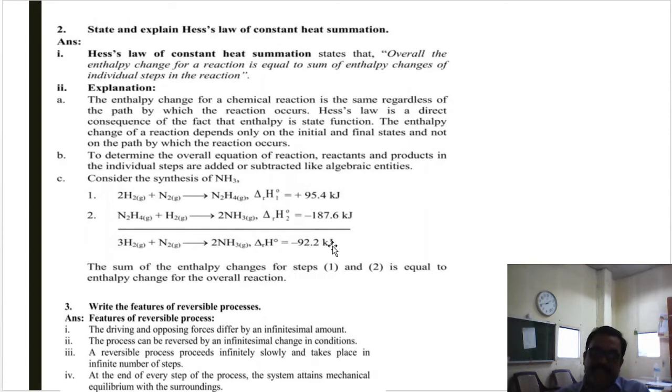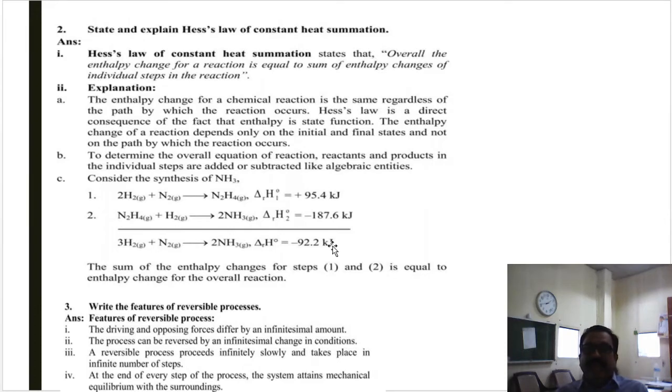Once again, Hess's law can be stated as: the overall enthalpy change for a reaction is always equal to the sum of enthalpy changes of the individual steps of the reaction.